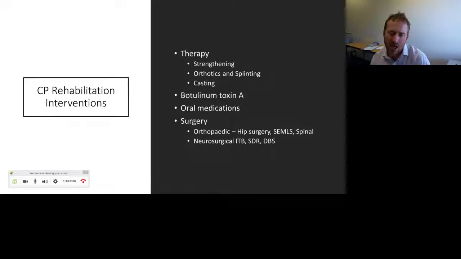Orthotics and splinting, which again is a combination of health and disability practitioners, and serial casting as a way of treating early contractures.